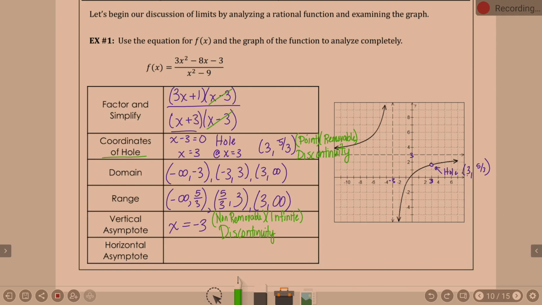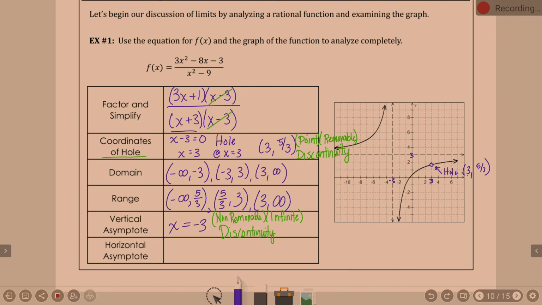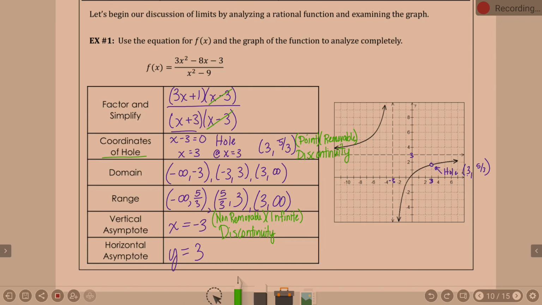Horizontal asymptote. What's my horizontal asymptote? y equals 3. Now, I know we have the graph to look at. Fair enough. How do we know that horizontal asymptote, just by looking at the equation?